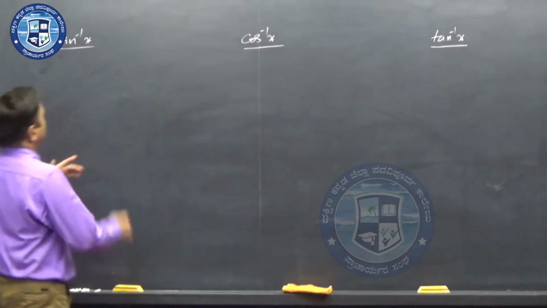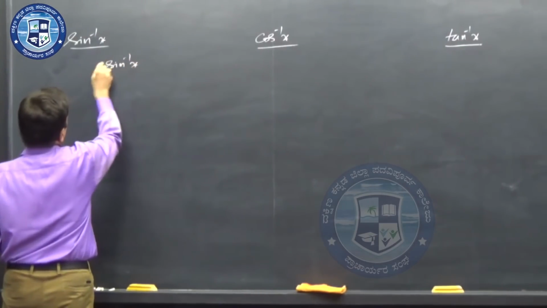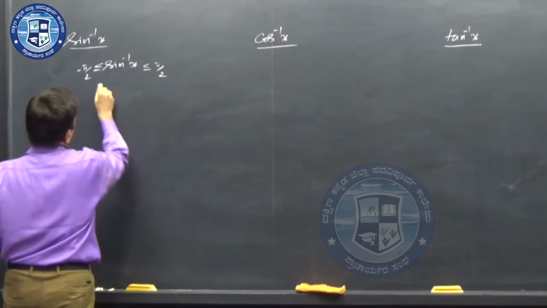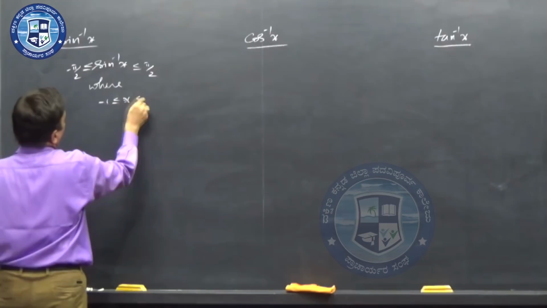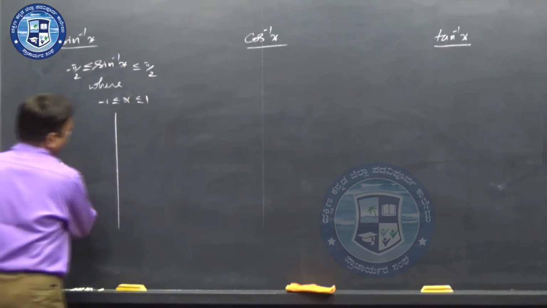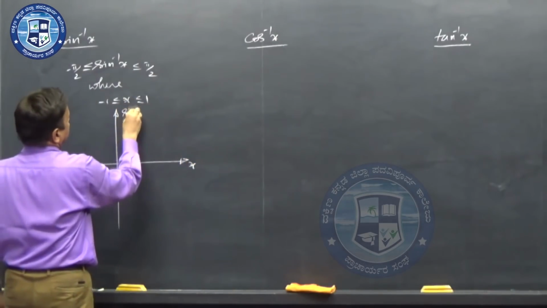Sine inverse x is an angle which lies between minus pi by 2 and plus pi by 2, where x lies between minus 1 and plus 1. In the graph we analyzed, this is x and this is sine inverse x.